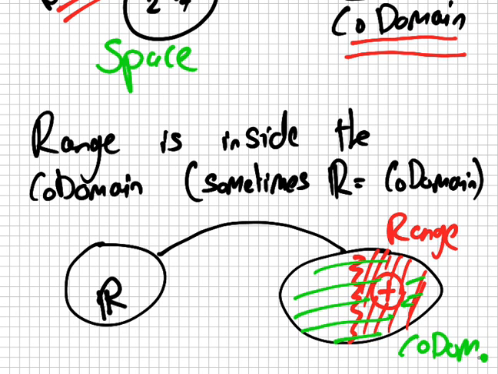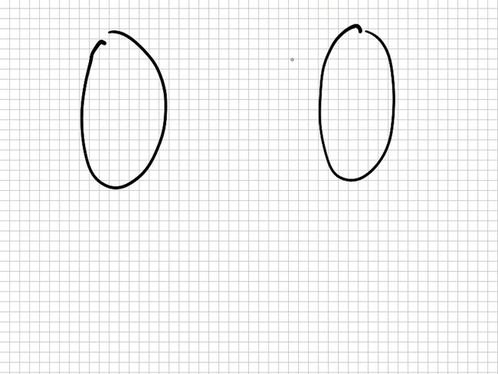Let's have a look at some examples, and just another bit of notation. In the domain here, there's only 3 elements.